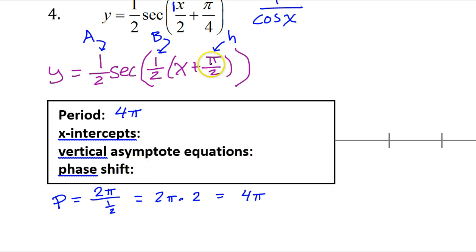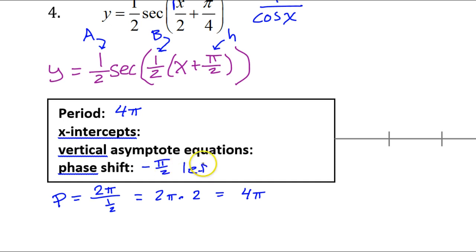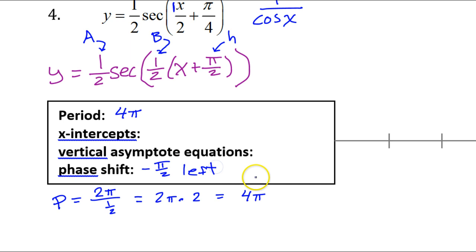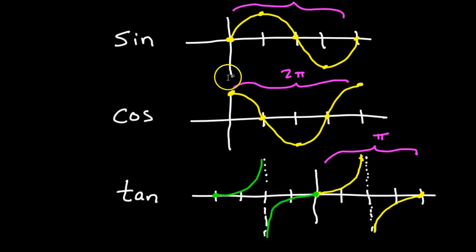Phase shift. We have an h value, so there's going to be a phase shift. It's going to be the opposite direction of what it looks like right here. So it will be negative pi over 2, which will be to the left. Now, as I first graph the cosine function, lightly and dotted to use as a guide, normally we start at 0 because the cosine function normally starts at 0.